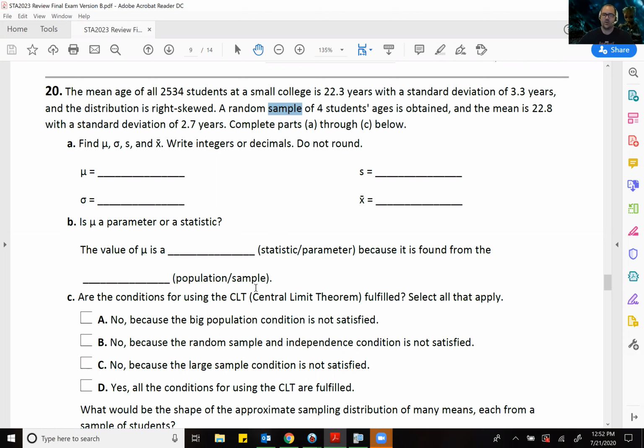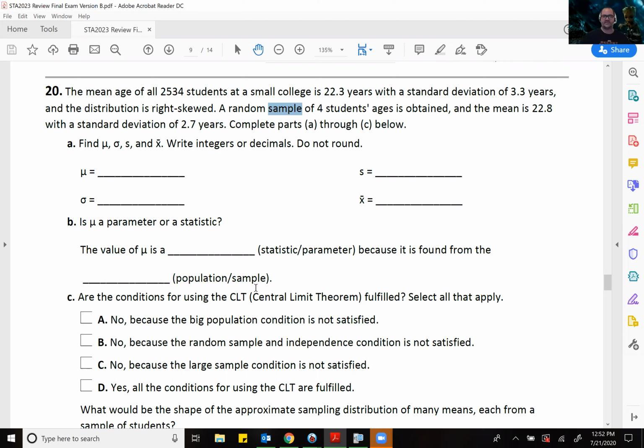All right. Part C, we want to check CLT. In 9.2, when you learn the CLT for dealing with means, you know that you had to check the following 3 pieces of information. There were 3.